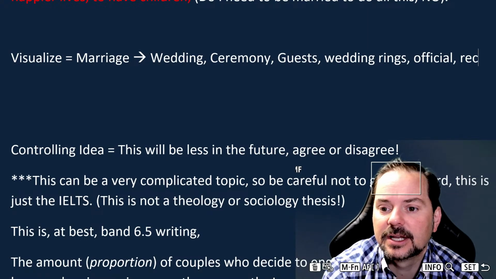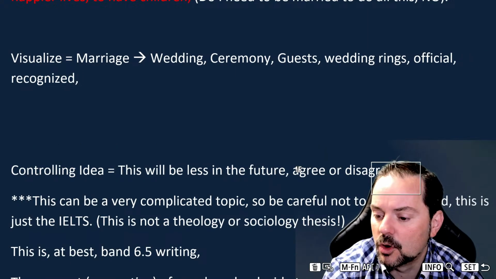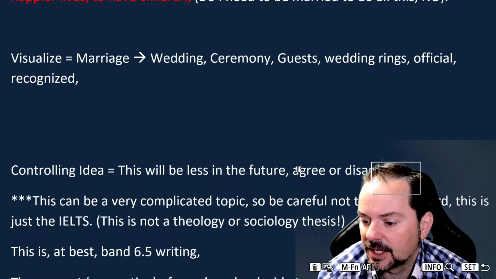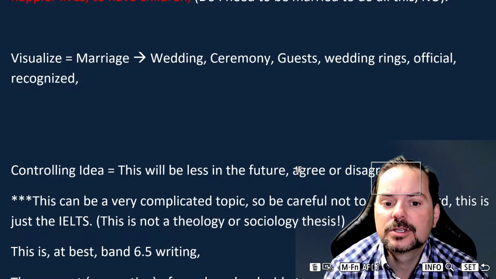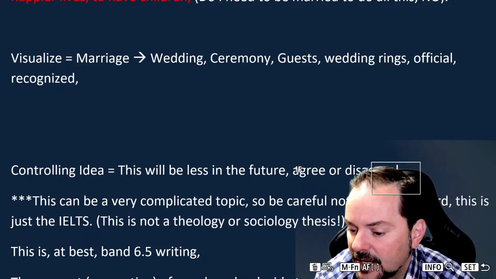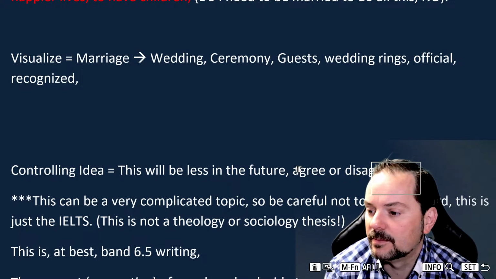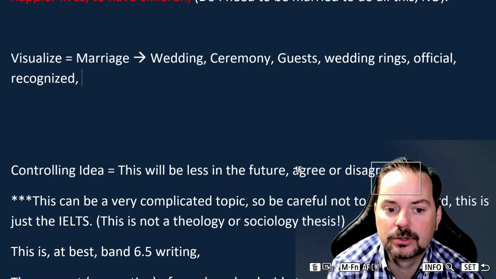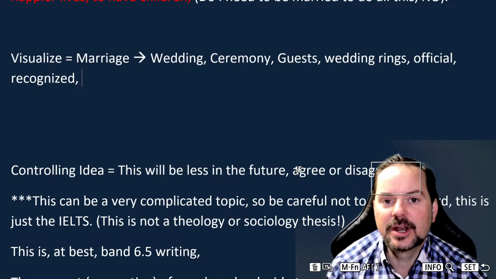Elizabeth, how is it recognized? Keep going, everybody. Use your critical thinking here. Okay. So wedding, ceremony, guests, wedding rings, official, recognized. What do you get when you get married? You get something else too. It's not a high five, everybody.